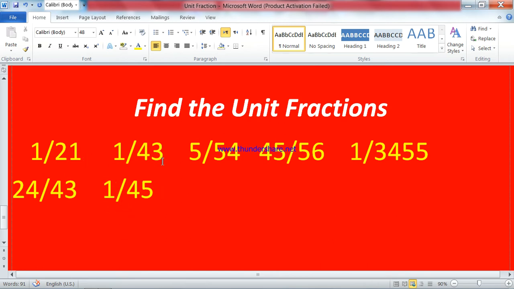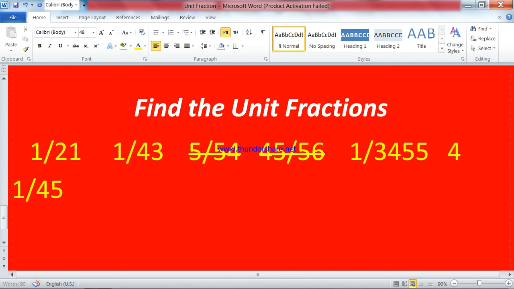So we'll cut the fractions which are not unit fractions, and the rest which are uncut are the unit fractions. It is opposite, sorry.